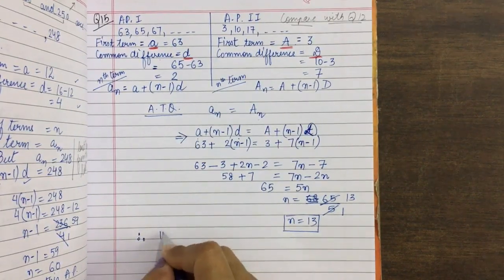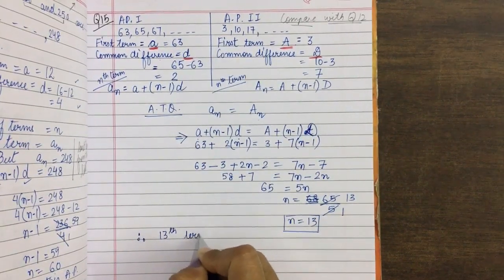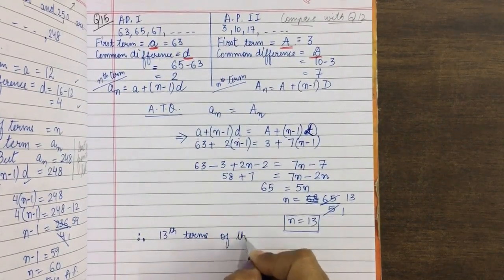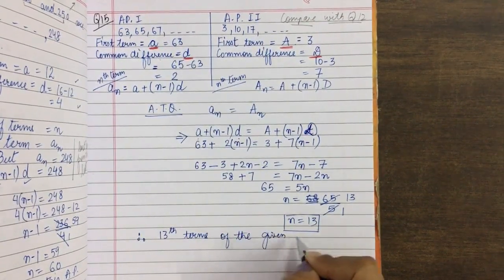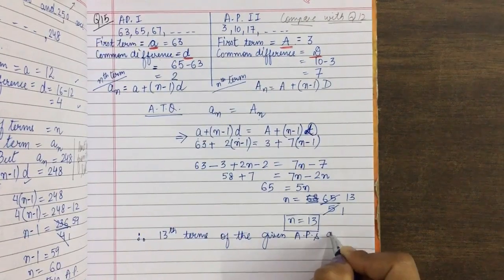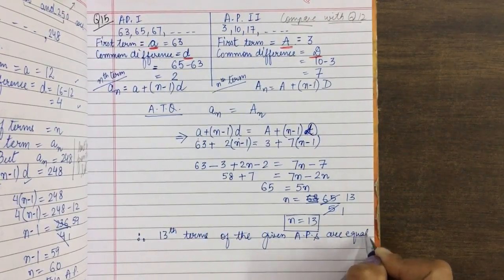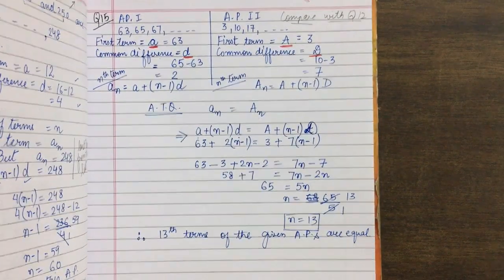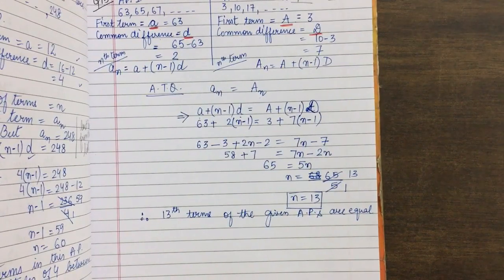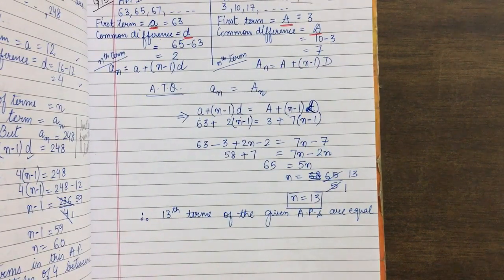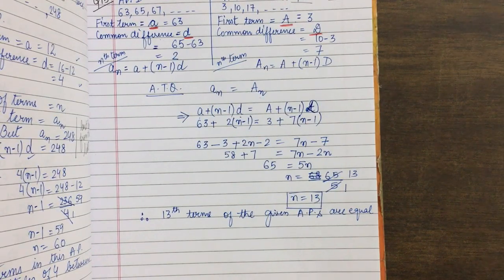So this means the 13th terms of the given arithmetic progressions are equal. Now what this means is, if we had written the terms in the progressions given to us, at 13th place we will get the same value.